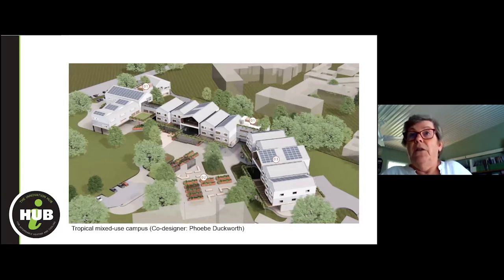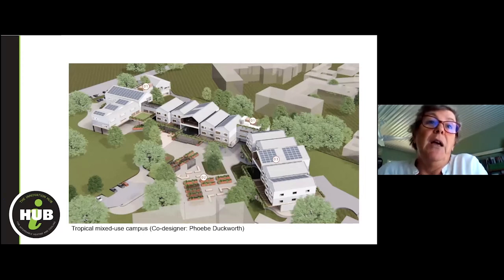So here's Phoebe's response to a campus model approach in a tropical zone. One of the interesting things from a renewable energy perspective in Cairns, because of its high latitude, is that having PVs on all orientations is actually a reasonable solution for maximising your renewable energy.